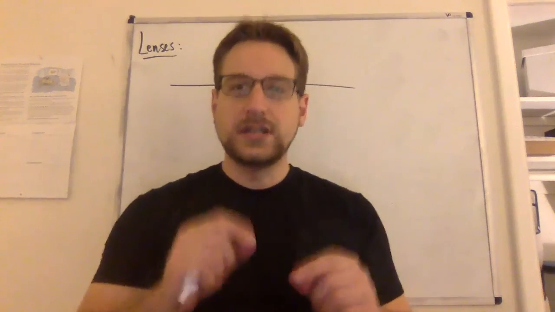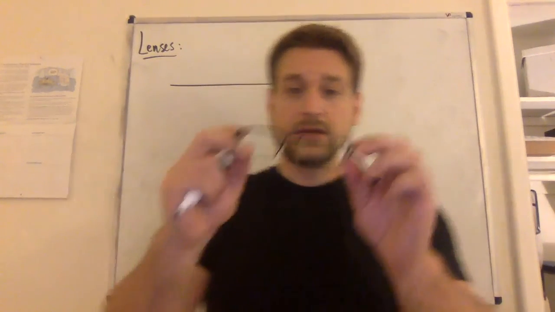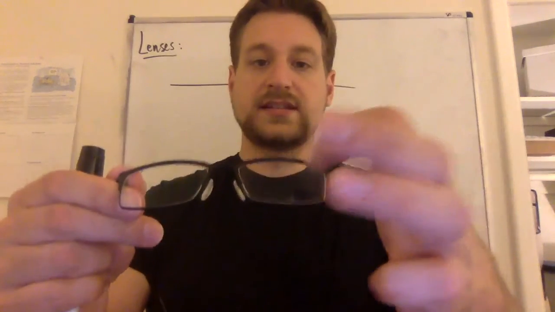How do I engineer a lens to do that? Because the lens has two faces. And the trouble is, it's a glasses lens. One side is convex, has an outer curvature. The other side is concave. It curves in.